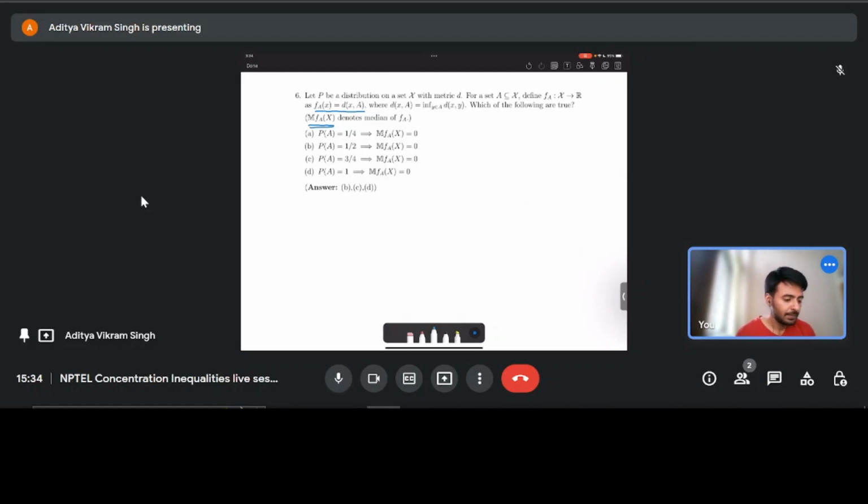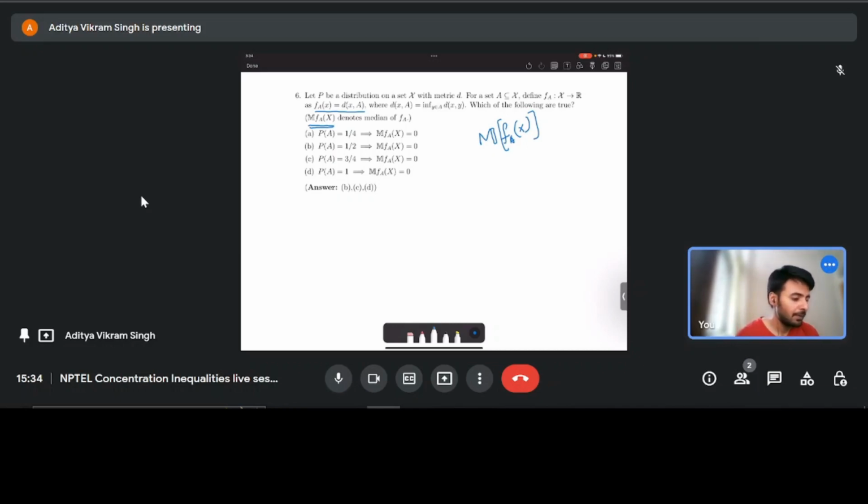Okay, so the question is, P of A. Okay, so we want to find basically median. Wait, let me. So median of FA of X. I'll make a bracket like this so that it looks like expectation. I mean, this is a deterministic quantity, median of FA, right?